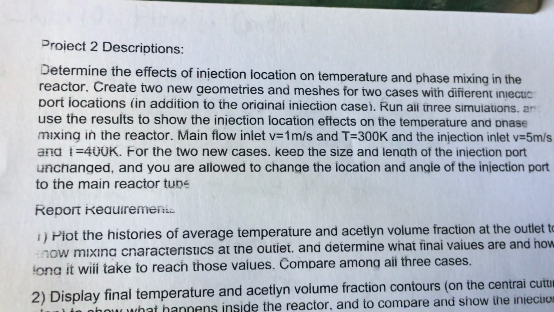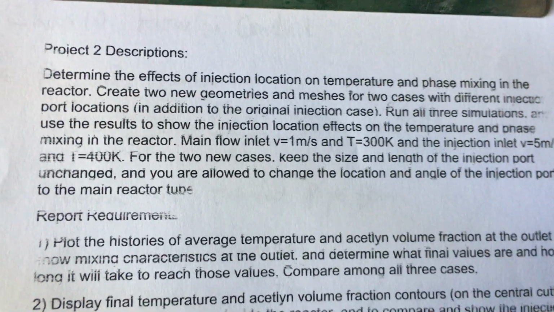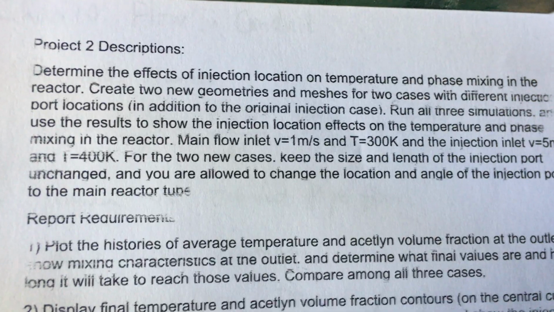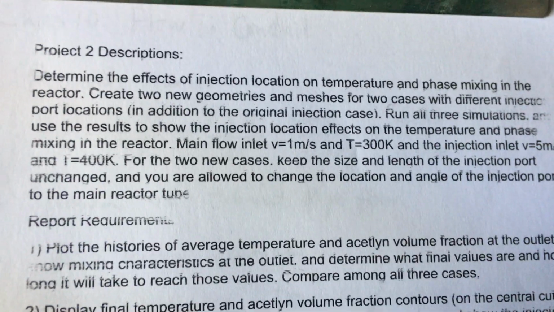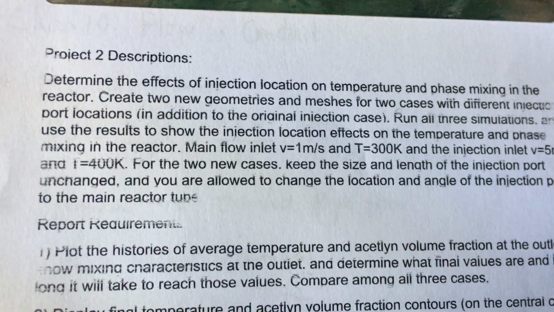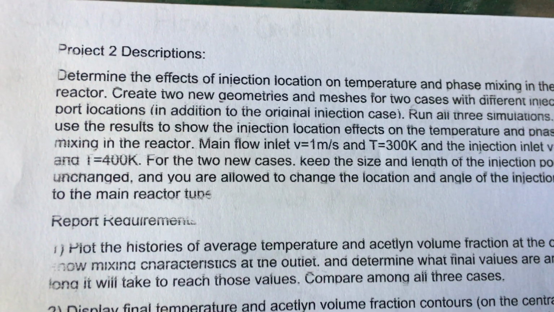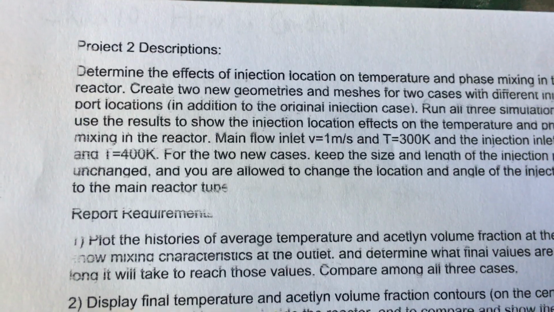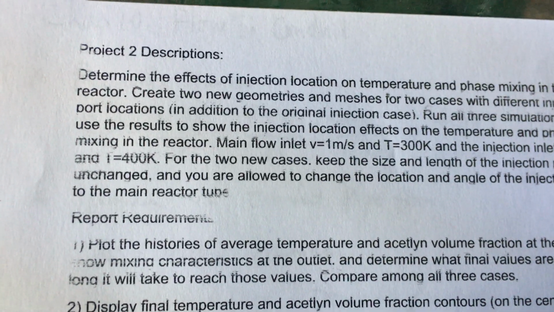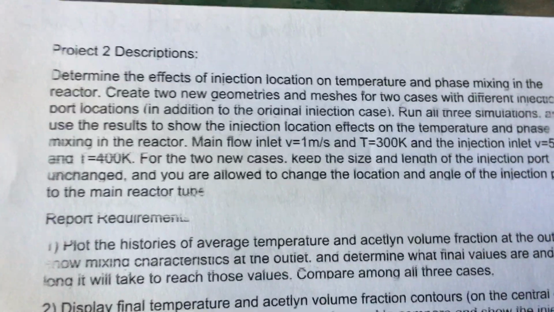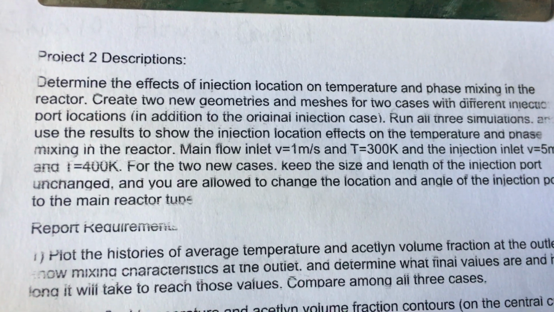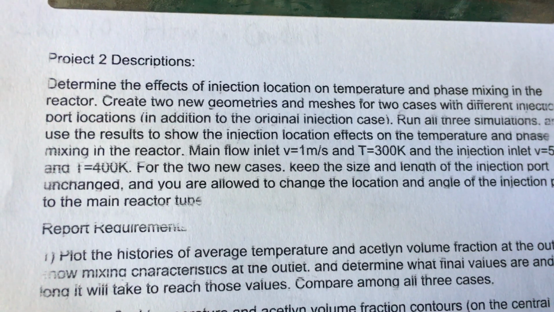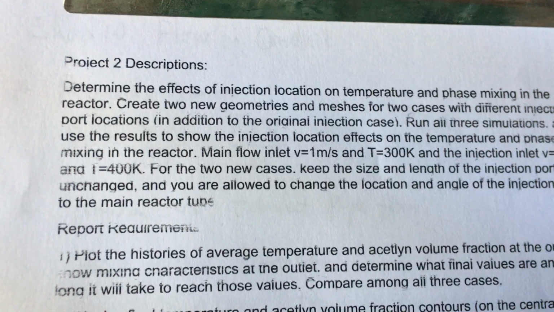For the purpose of mixing, I want you to design two different cases. You can change the injection port however you want, and you can also change the angle of the injection, but you are not allowed to change the length and the size of the injection, as well as the boundary conditions.